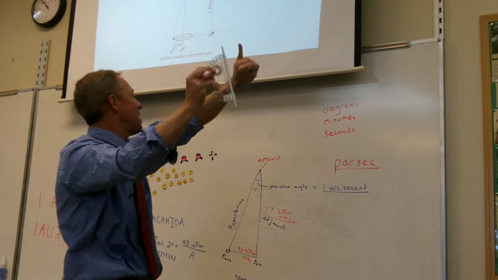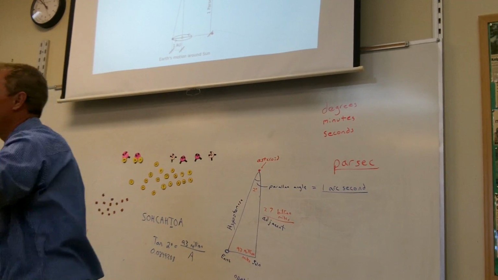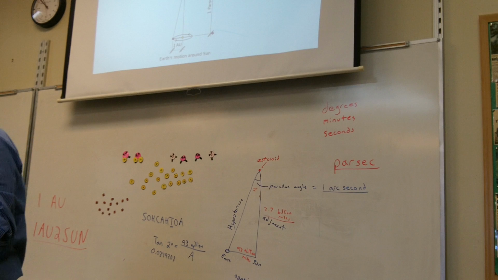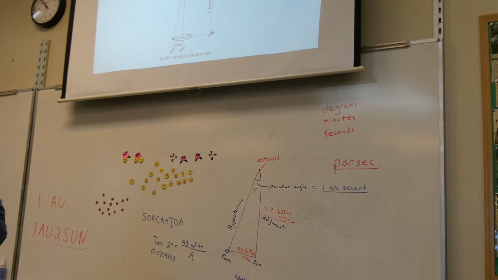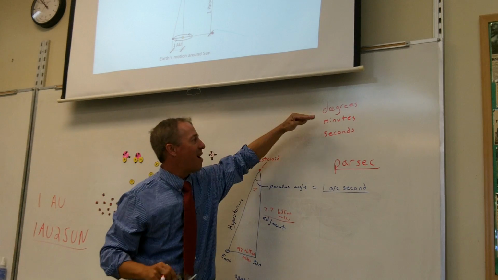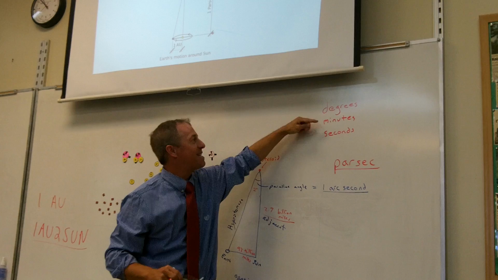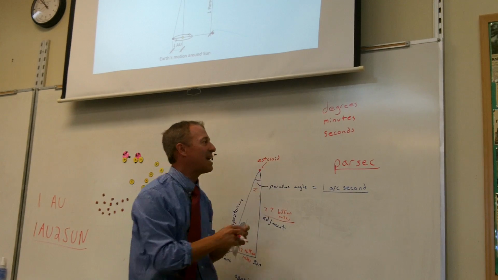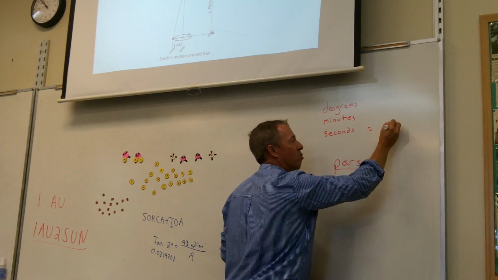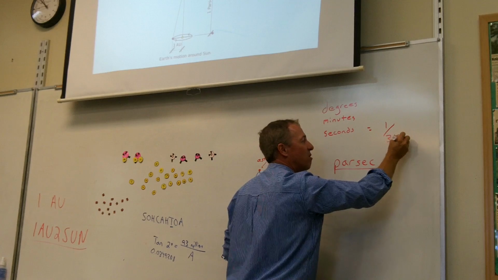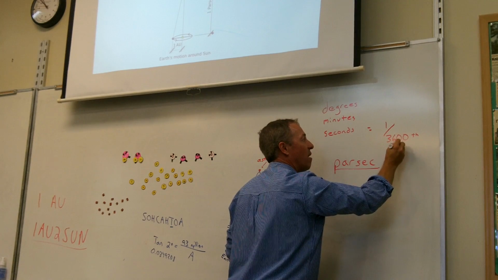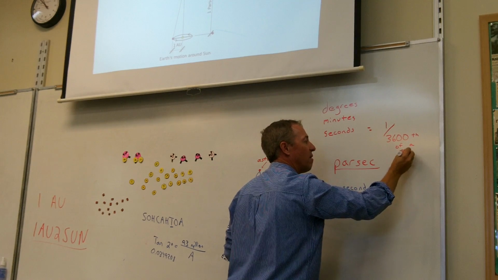A second is 1/60th of a minute. So we're talking about a really tiny amount of sky now. 1/60th of a minute, which is 1/60th of a degree. So a second is equal to 1/3600th of a degree.